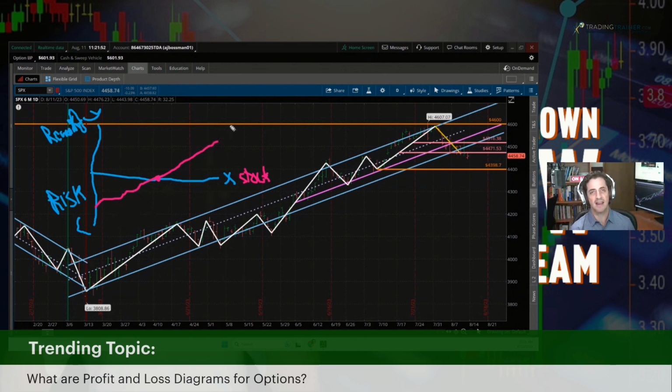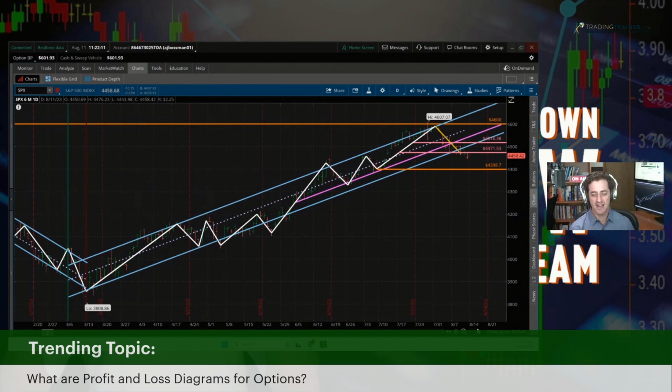That straight line defines the profit and loss diagram for just buying a stock. If you're shorting a stock, it's an inverse relationship. As the stock price goes down $1, your profit goes up $1. That's pretty straightforward, but when you start getting into options, it can get crazier.